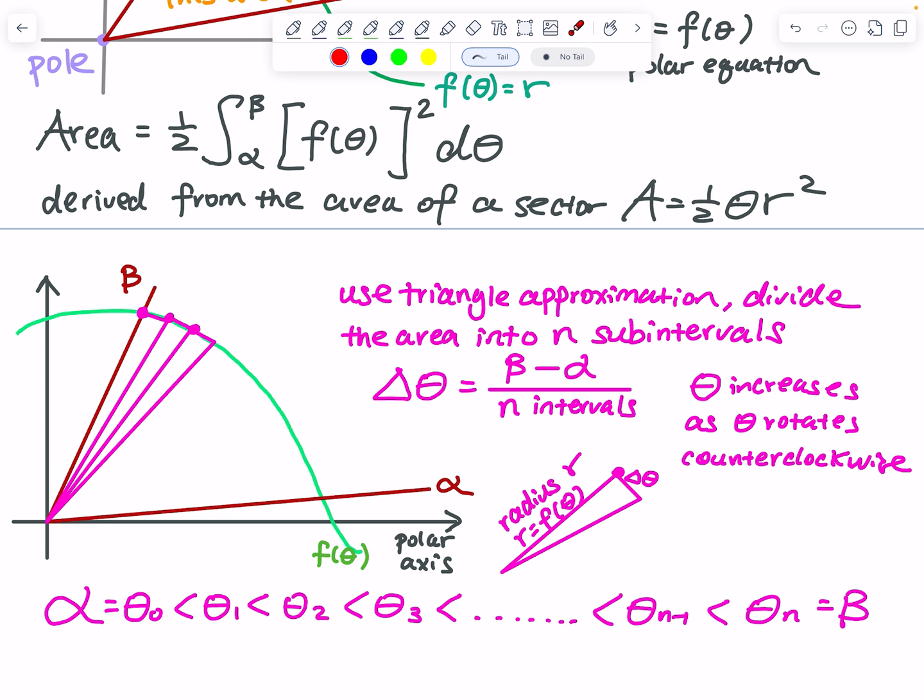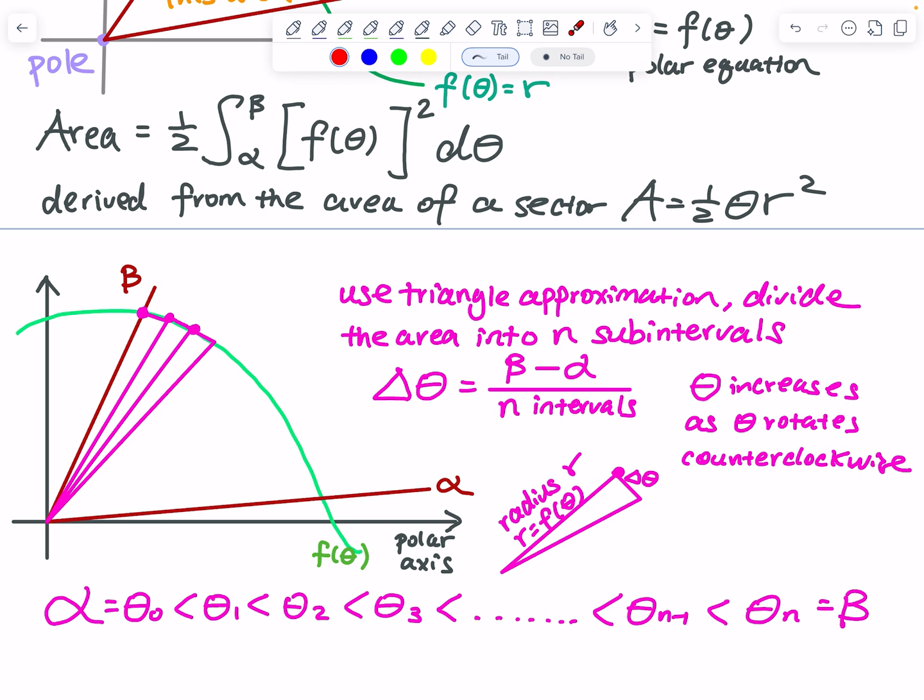Theta 0 is the smallest, which you can imagine as 0. The best way to think about this is: I will just pick 0, then pi over 6, pi over 4, pi over 3, and eventually you will reach beta. This should be easier to interpret.